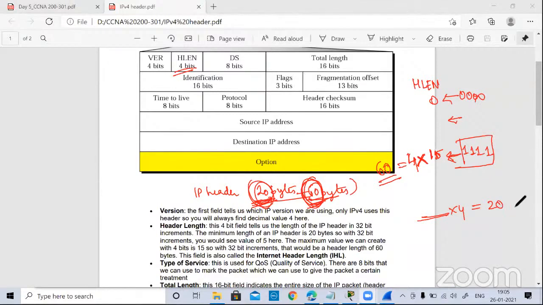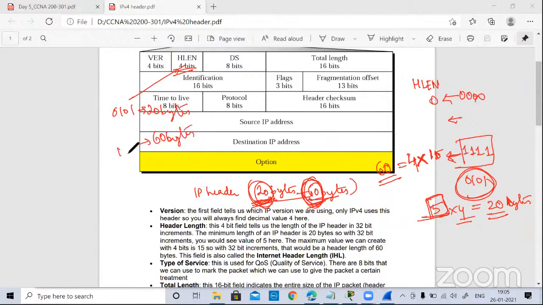Now see here, guys who are getting confused. You need 20 bytes and the multiplying factor is 4, which is kept fixed. If I multiply 4 with 5, then only I'll get 20, and the equivalent binary of 5 is 0101. So if it is 20 bytes, it will be 0101, and if it is 60 bytes maximum, this set has to be all ones.